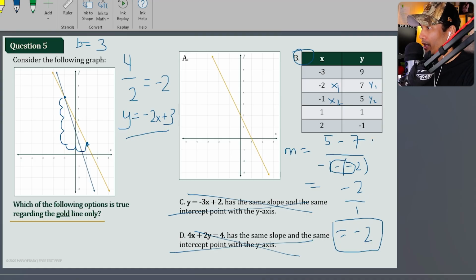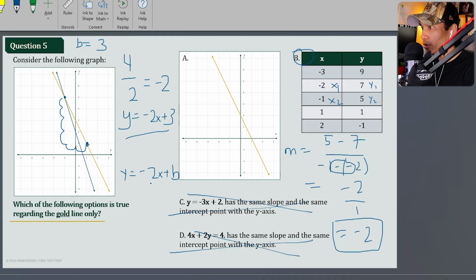And now that we have that, we don't know if the y-intercept is at 0, 3, right? What we're left with is just y is equal to -2x plus b.